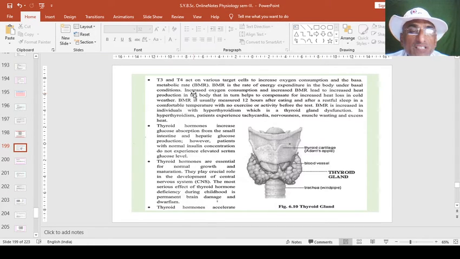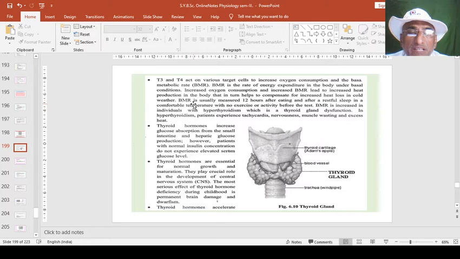Increased oxygen consumption and increased BMR lead to increased heat production in the body, which in turn helps to compensate for increased heat loss in cold weather, particularly in winter we can say.